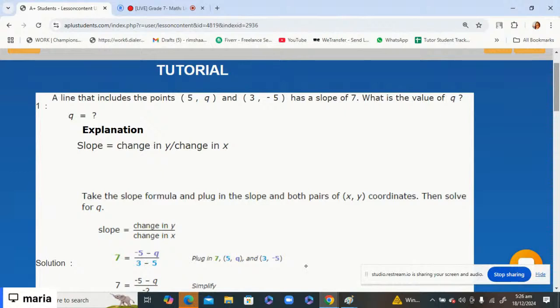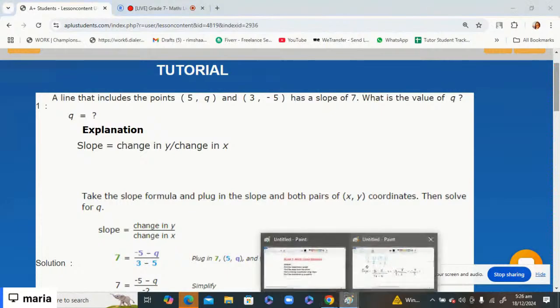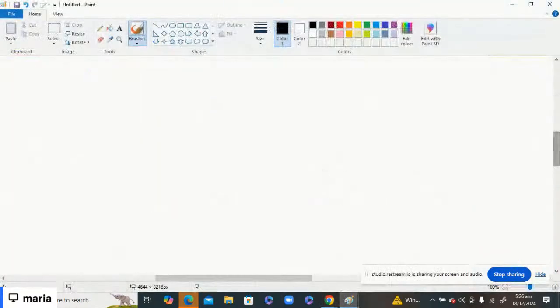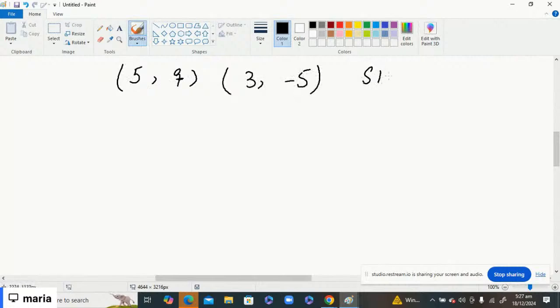The given points are 5, q and 3, minus 5, let's suppose, and the slope is given, which is 5, let's suppose.